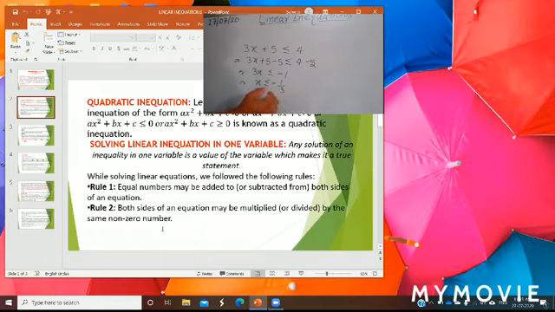Since -1 by 3 is greater than -1, you have to take the lesser numbers. So you start with -1, -2, like that up to infinity. Means you have to write it in the form of a set.